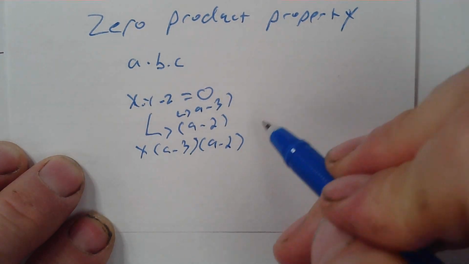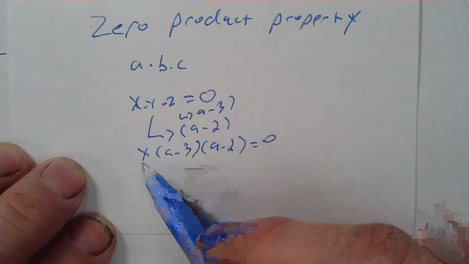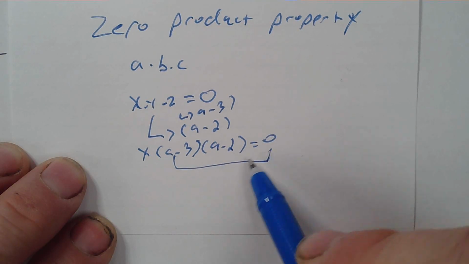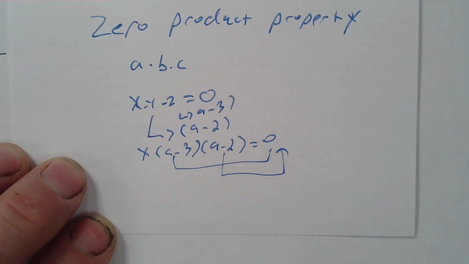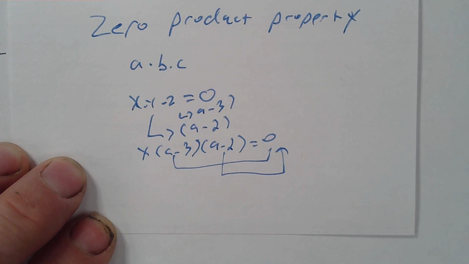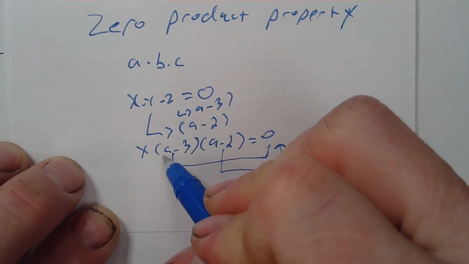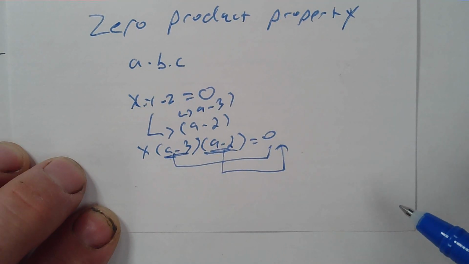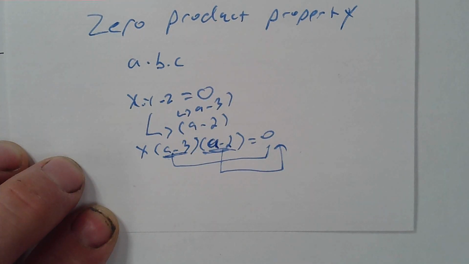If this all equals 0, then I could say that equals 0, and that equals 0, and that equals 0. So if I factor something, I can set the thing inside of parentheses equal to 0 if it's factorable.